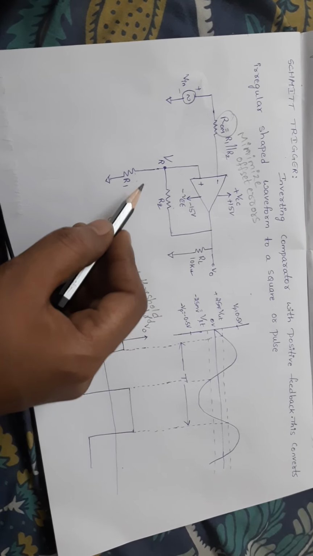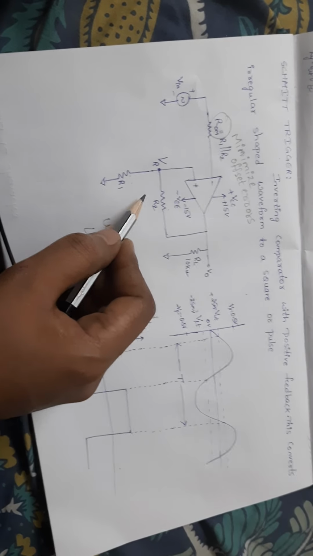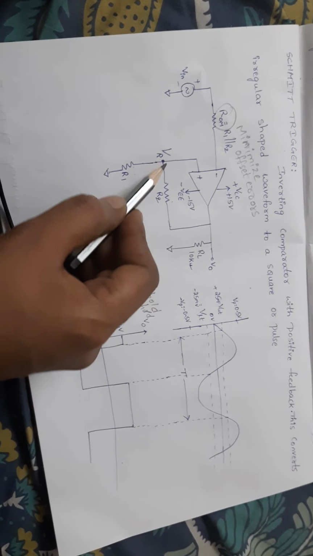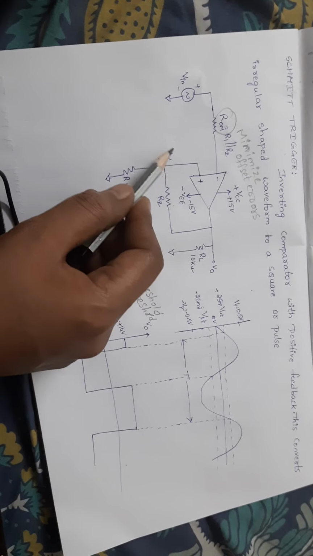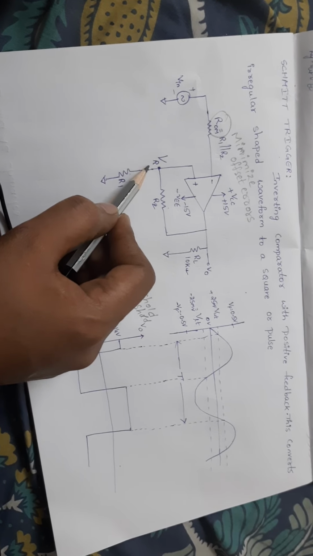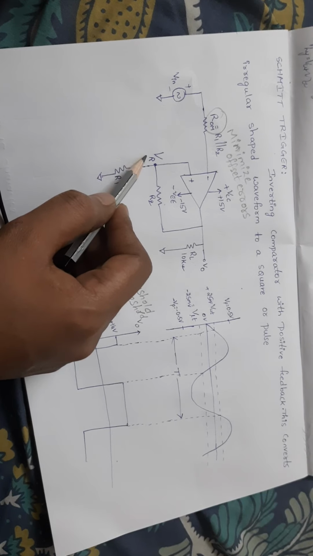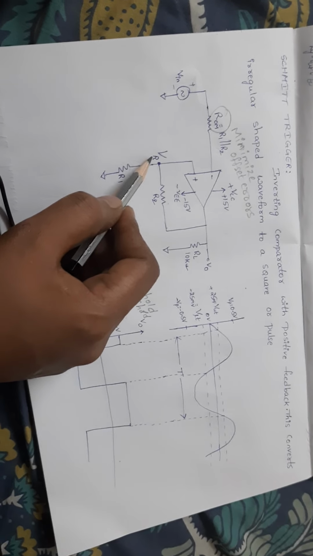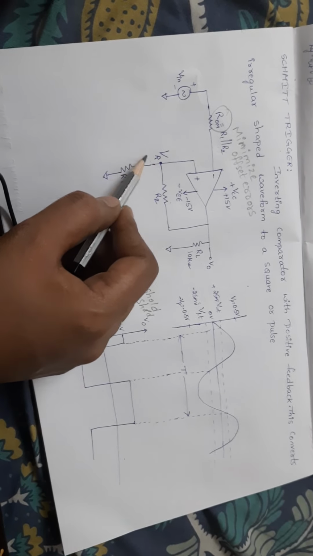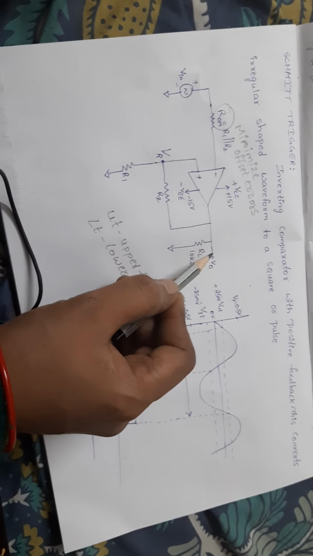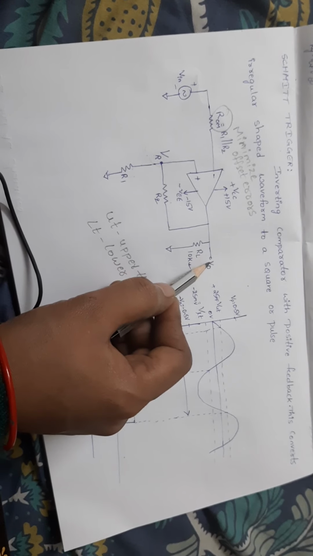So these threshold levels are obtained using the voltage dividers R1 and R2. See, across this R1, one voltage is there. This is nothing but the VR we are keeping. This is nothing but the variable reference threshold voltage, and it depends upon the polarity of the output voltage V0.